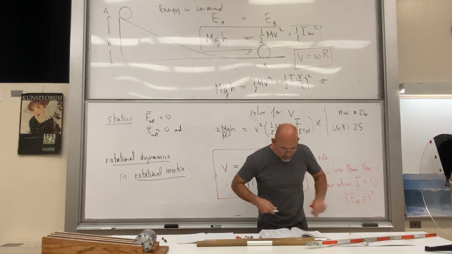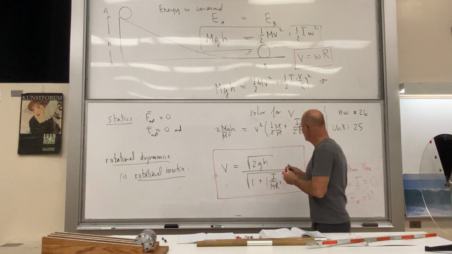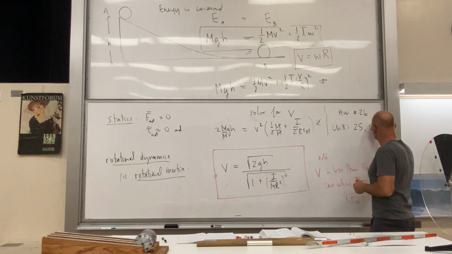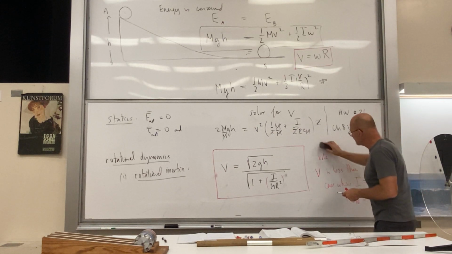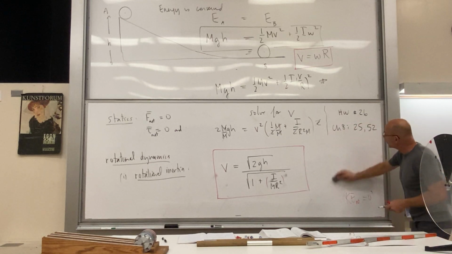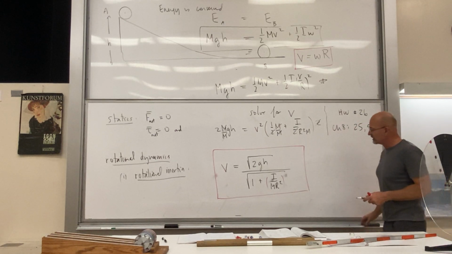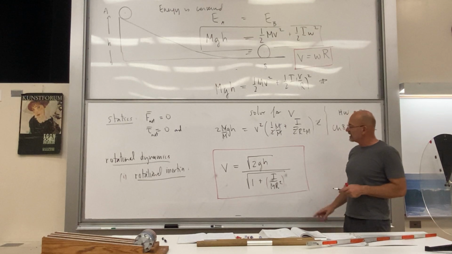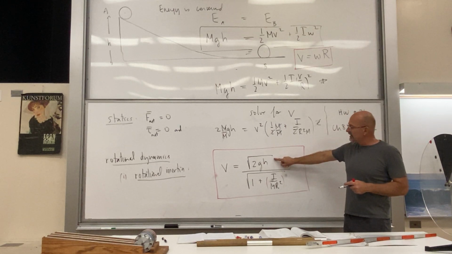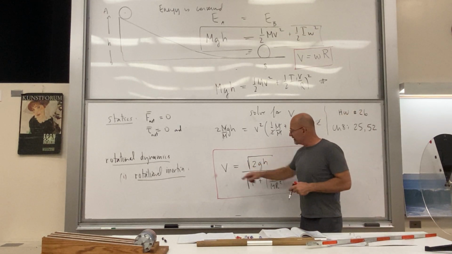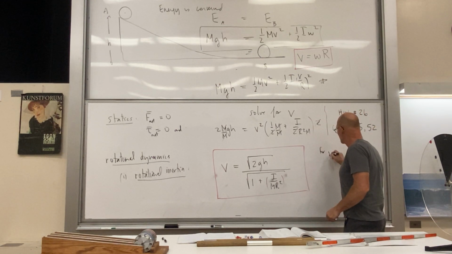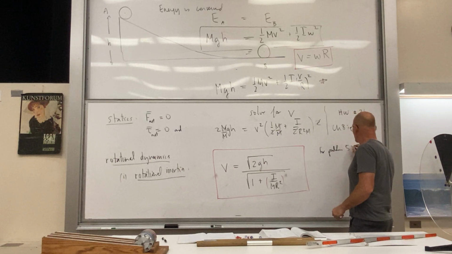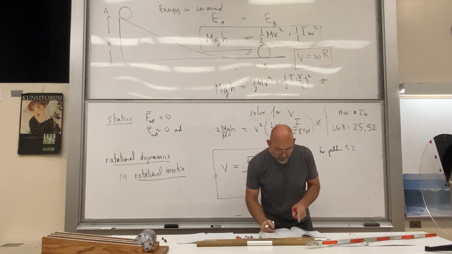Okay, here's a really good one: 25 and 52. Let me say a little bit about problem 52, because we've had everything we need to solve this one on the board, but instead of asking for this, they're asking for V. In problem 52, they tell us it is a sphere of a certain radius.